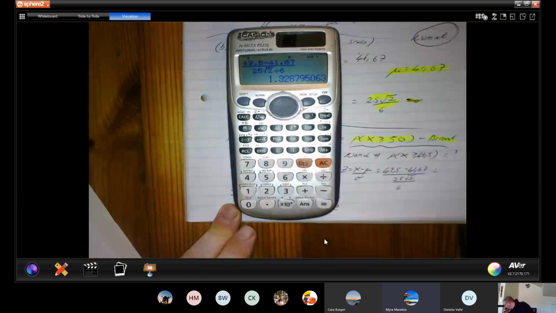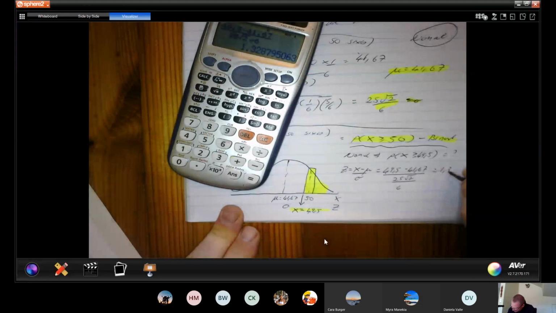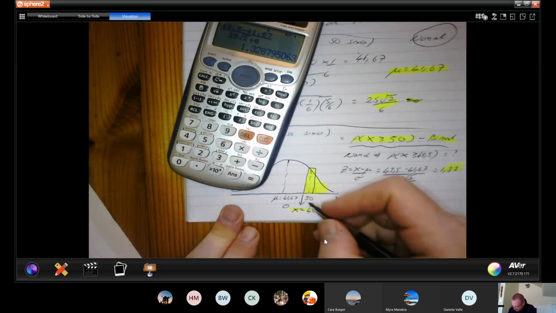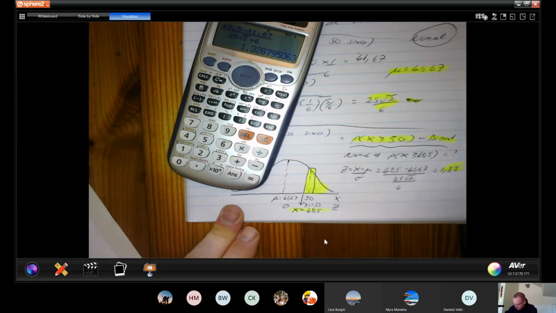I got 1,33. Cool. So z is equal to 1,33, and that's the z score that goes with 49,5.